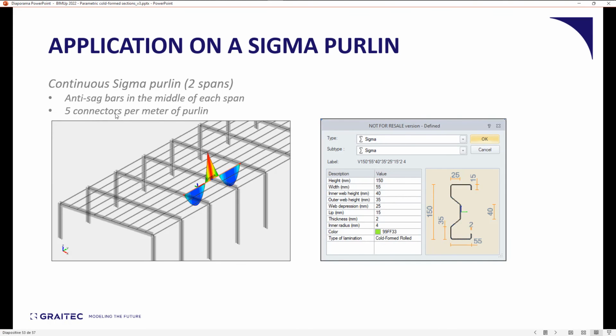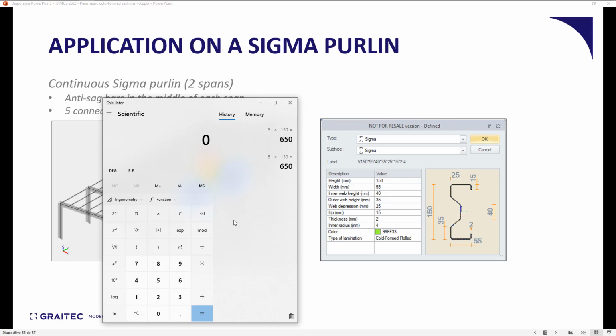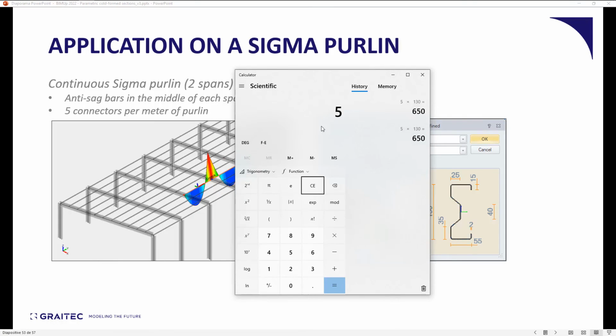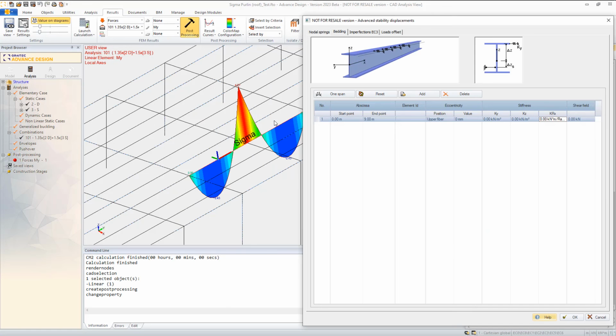See, if you have 5 connectors per meter of purlin, there is a formula in Eurocode 3 where you take the number of connectors you have per meter, so 5, you multiply it by 130 and you get the rotational stiffness from the roof. So it is in Newton meter, so here, because I'm in kilonewton meter, it will be 0.65 on the top flange.